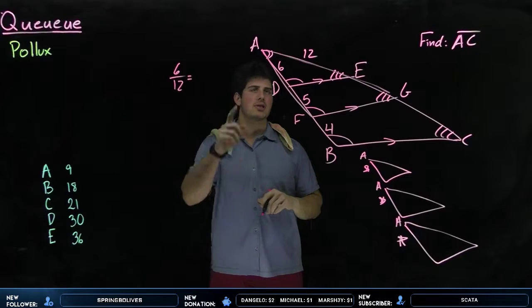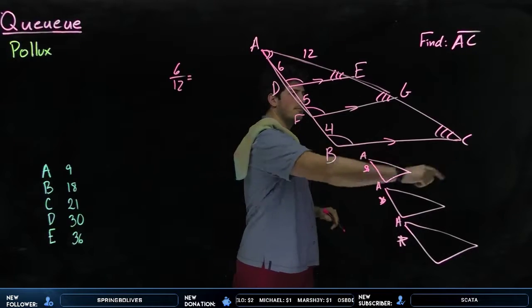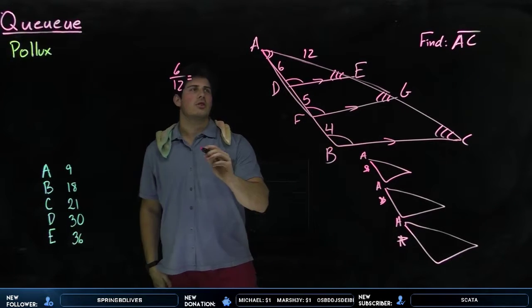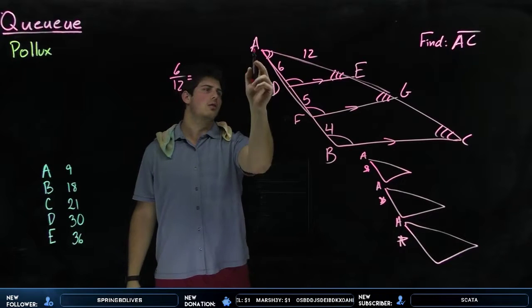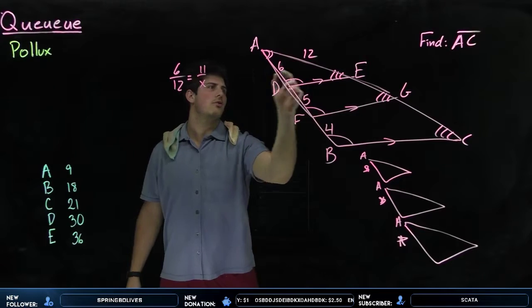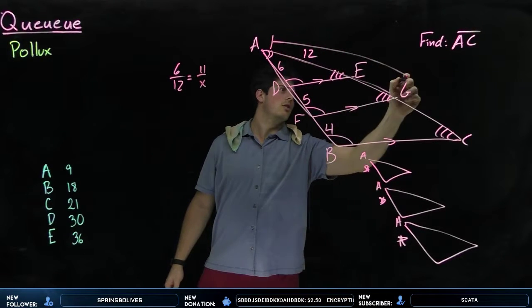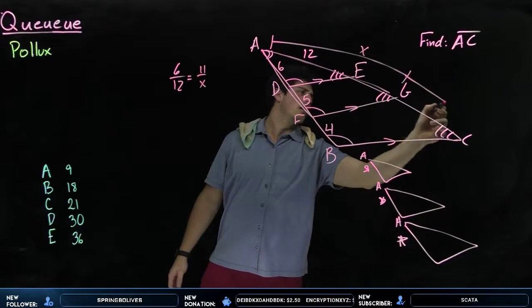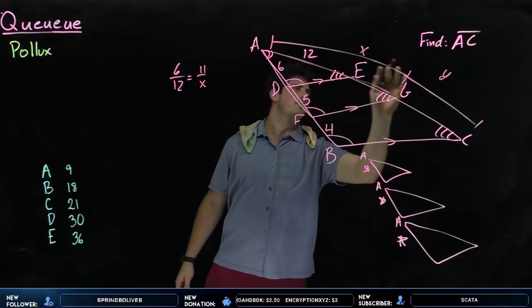Which is convenient, because I want AC. If we call this X, and then this whole length is Y.